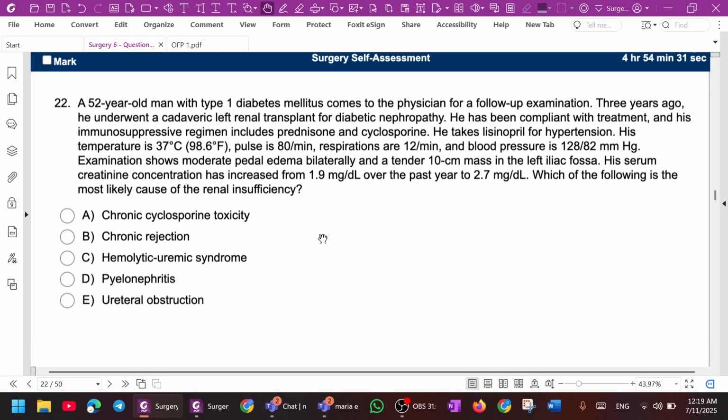Where is the iliac fossa? Tumors of liver.